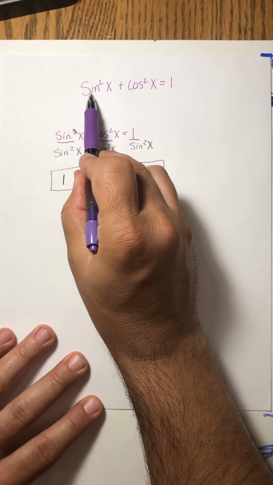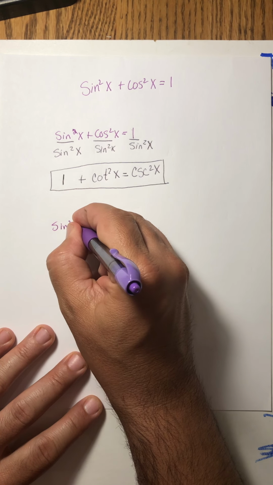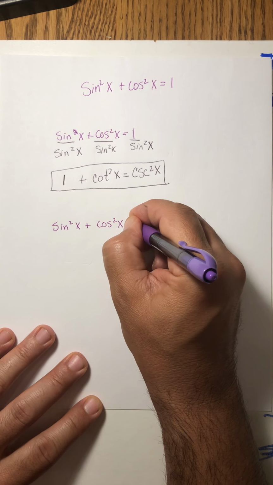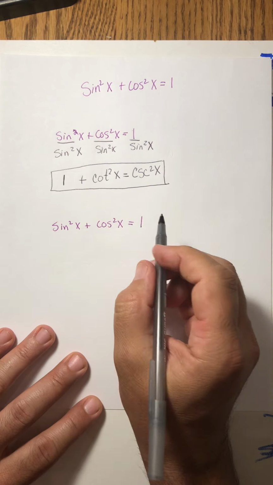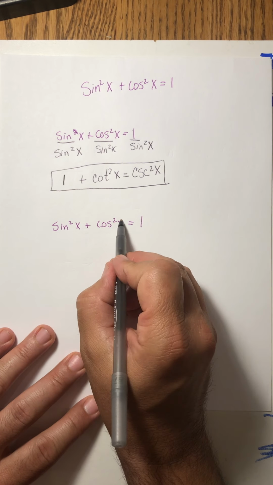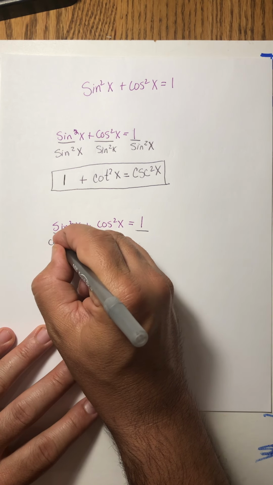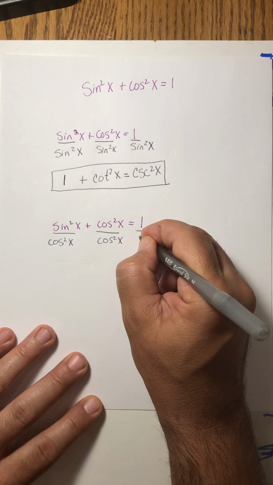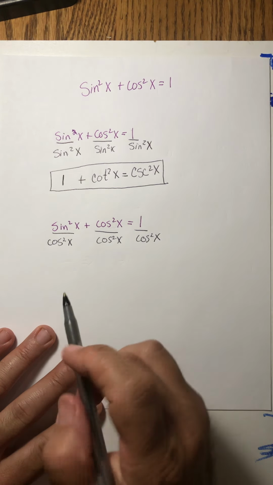Okay, so I'm going to start with this one again. And instead of dividing by sine squared of x, I'm going to divide by, you named it, cosine squared of x. Now look at what happens.